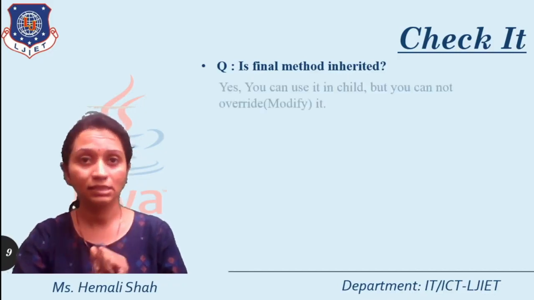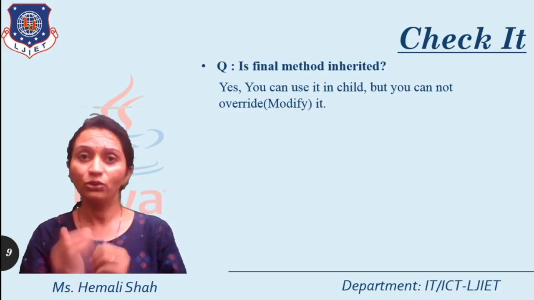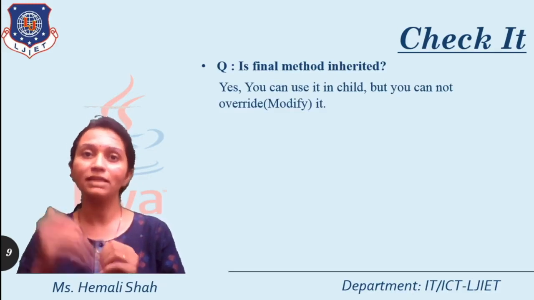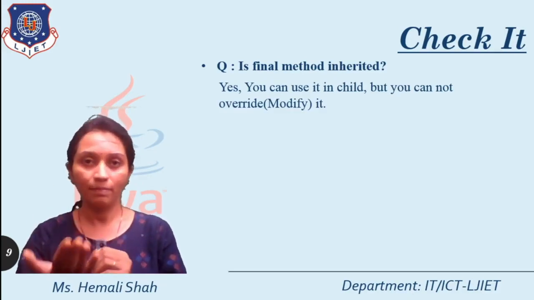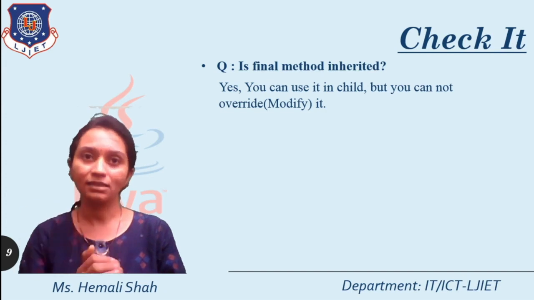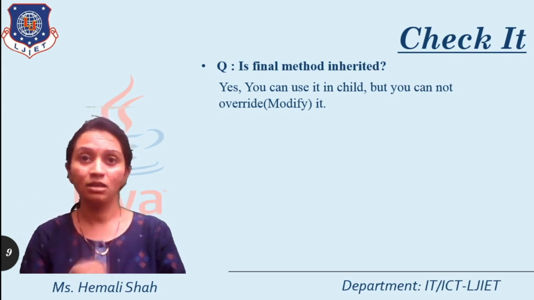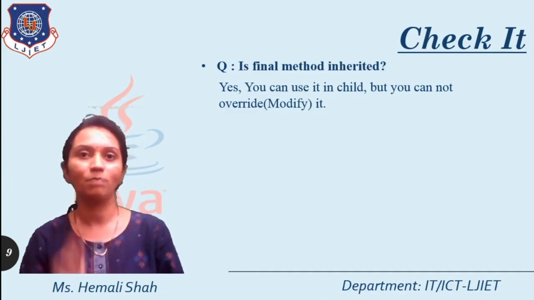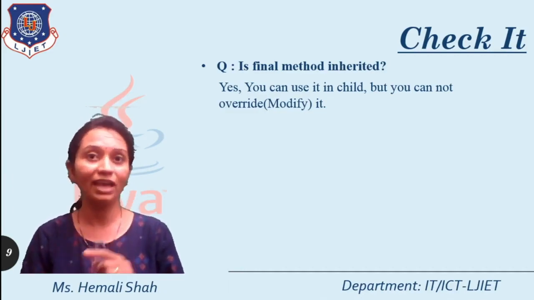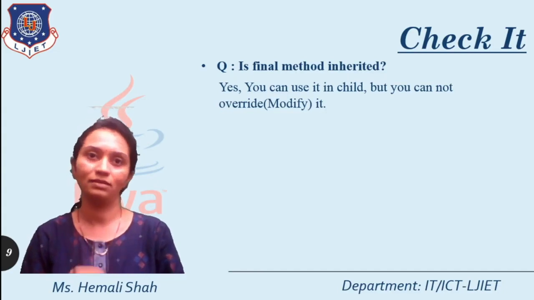Answer is yes. You can use all the things available as final of a parent class in your child class. But you cannot modify it. This is the basic purpose of final. Modification is not possible. Right?